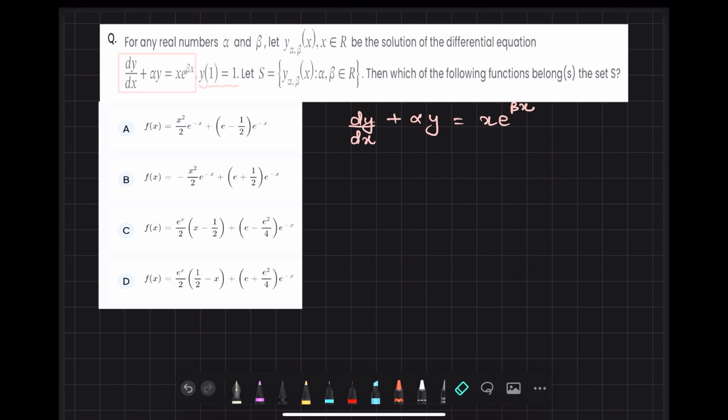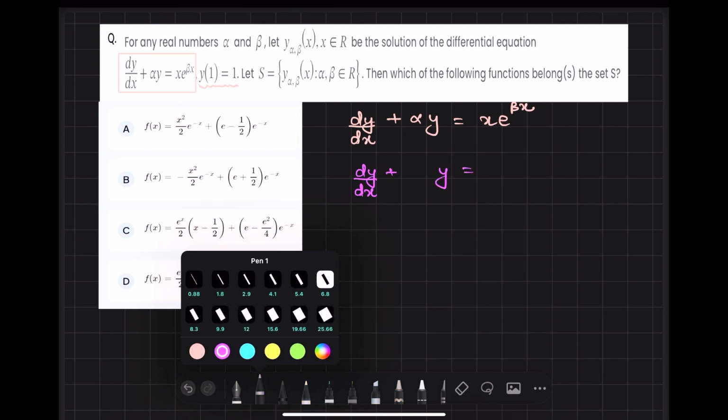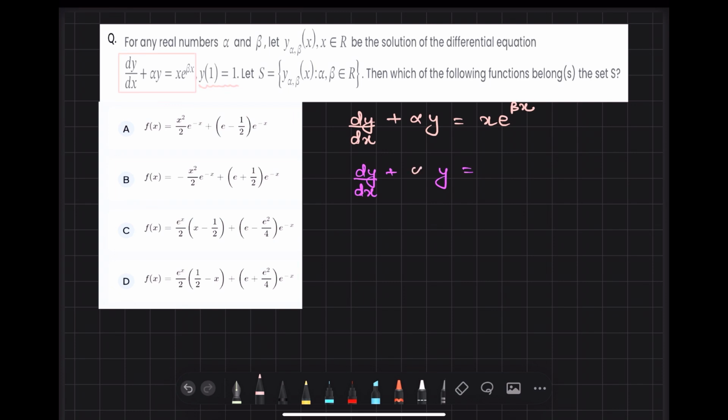So the second filter is the linear differential equation, which looks like dy by dx plus P of x times y equals Q of x, where we expect functions in x, which is clearly true. Then we can solve this. How will we solve?